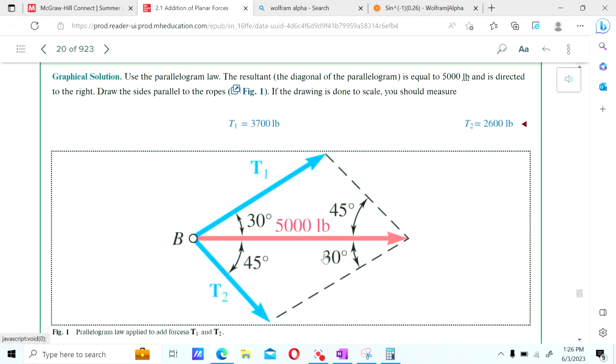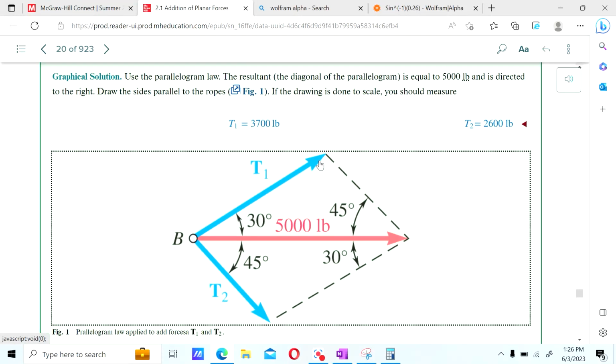In this case, it's pretty easy because you just have to use the sine law. If you know 30 and you know 45, then this half triangle is 180 because the whole thing is 360. 30 plus 45 plus this angle, let's say theta, is 180. So 30 and 45 is 75. 180 minus 75 will give us this top angle.